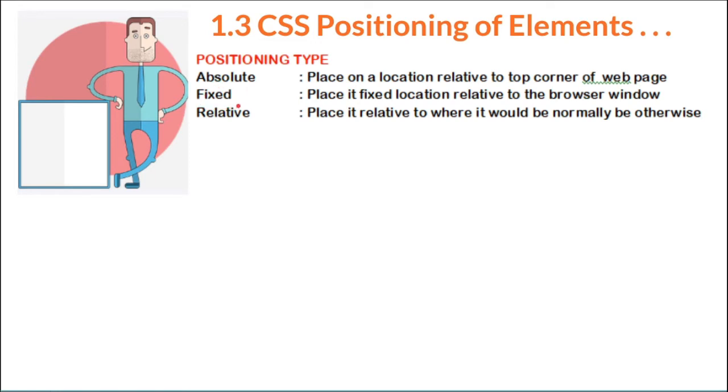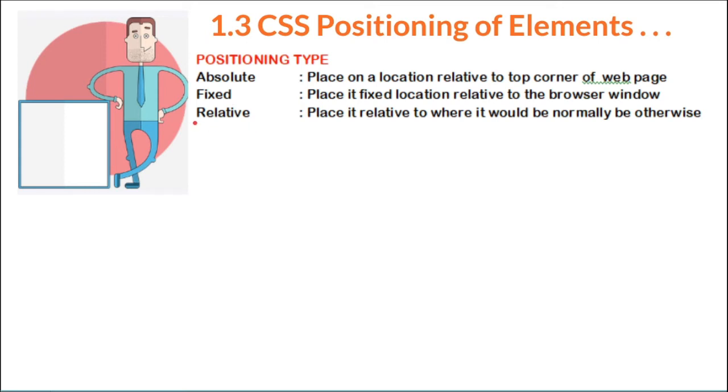Or you can have a fixed location. So this is relative to the browser window. So we can say place the item on the web page relative to the top left hand corner of the browser window.